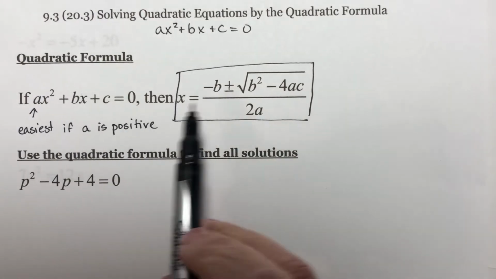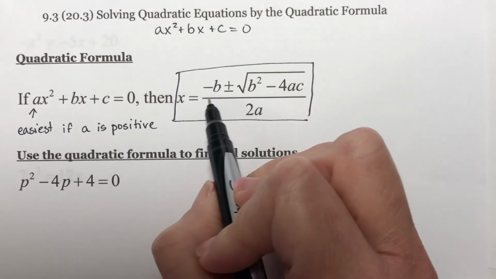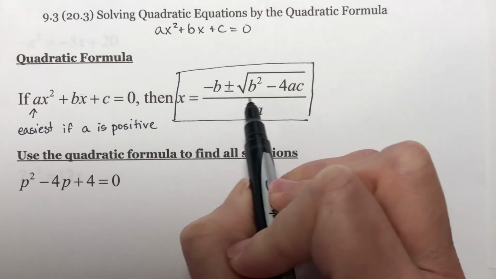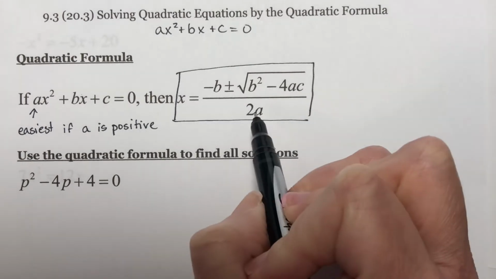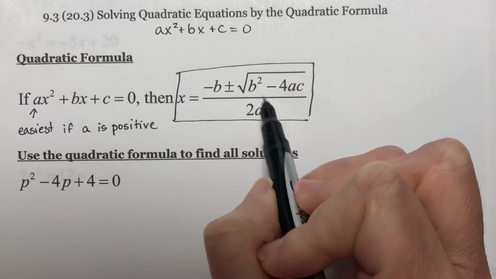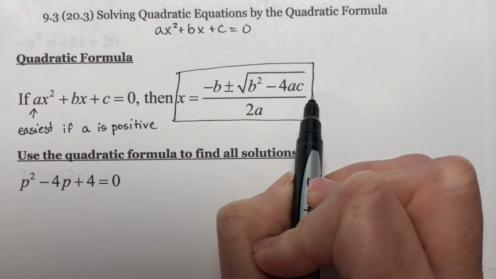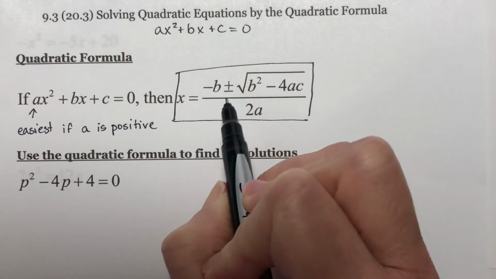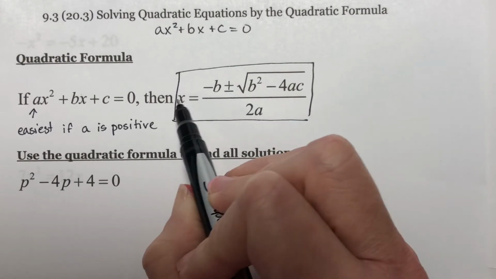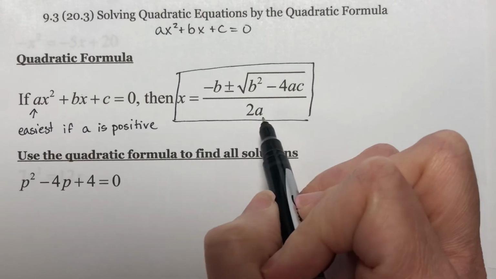And then you put the fraction bar underneath all of this, and that's over 2 times a. This radical bar needs to extend all the way. This fraction bar needs to extend all the way. If this part slips out of the fraction, then you don't get the correct answer anymore.